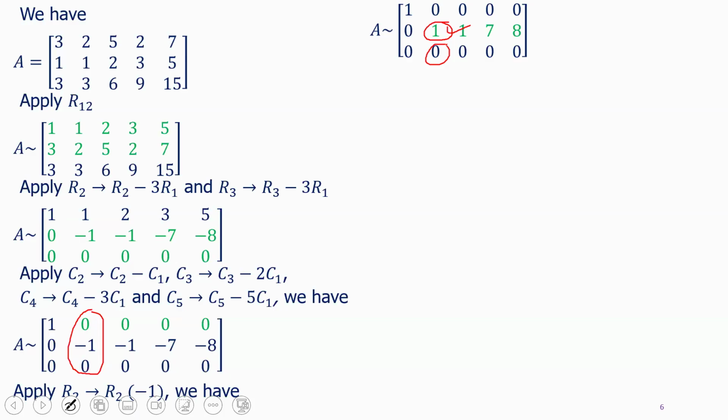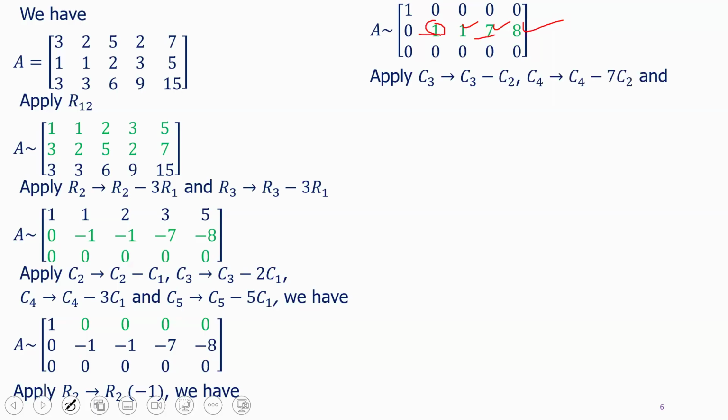Let us go to the third step. Using this one, we have to make these 3 zero. So for that purpose, we apply C3 minus C2, C4 minus 7C2 and C5 minus 8C2.